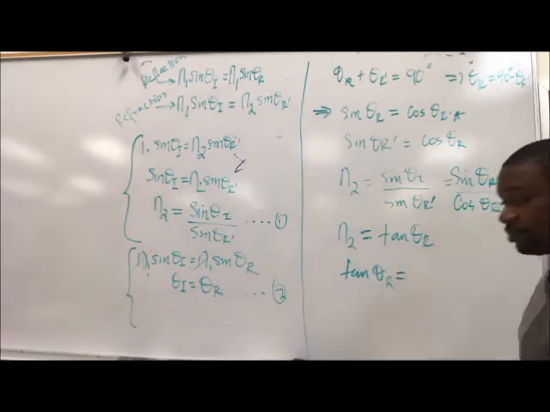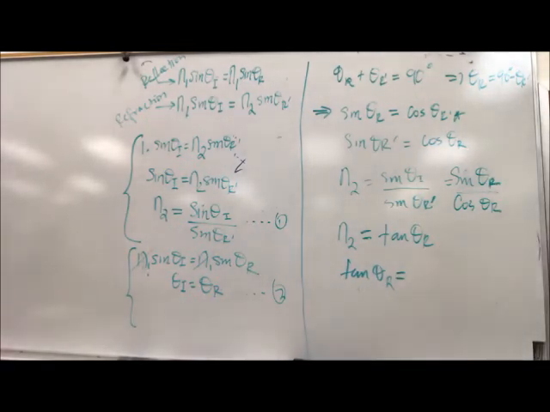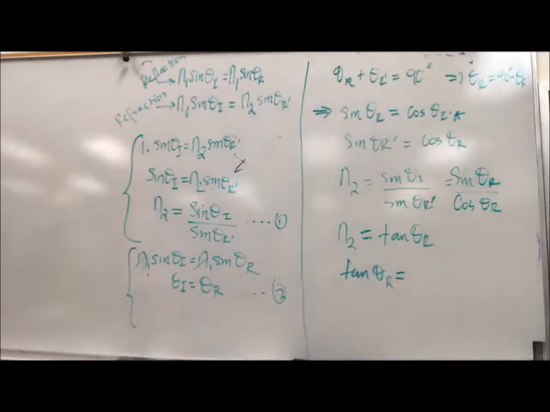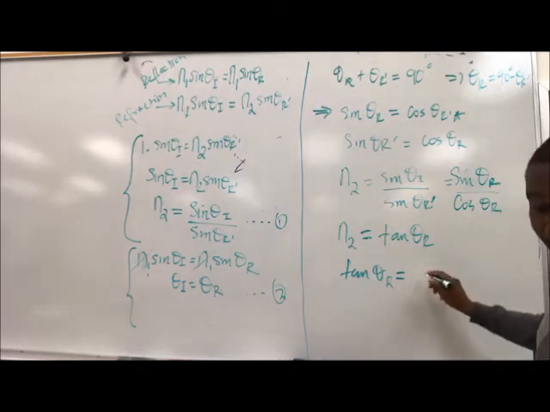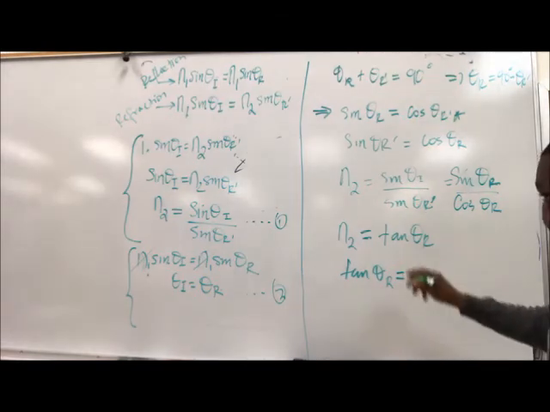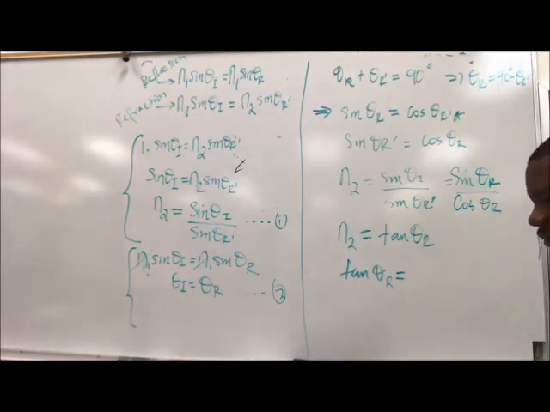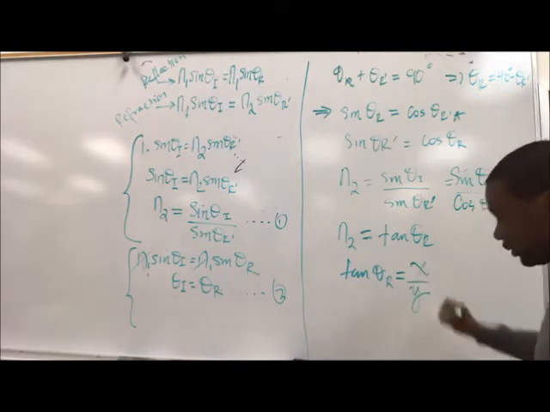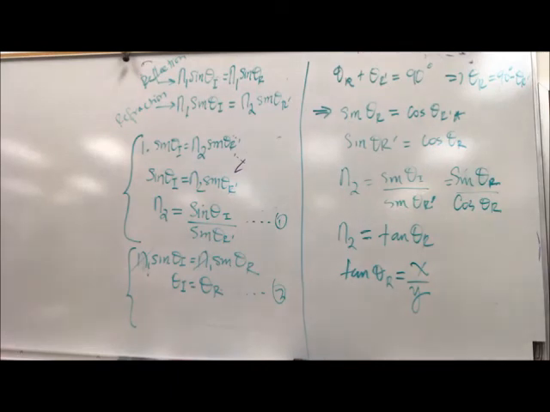And because on my sketch I had x and y, the tangent of the angle of reflection can also be expressed by using x and y, which was opposite, which is y, right? No, the opposite of that angle, let me see. The opposite is x over the adjacent y. All right?